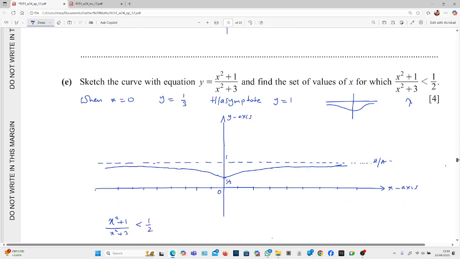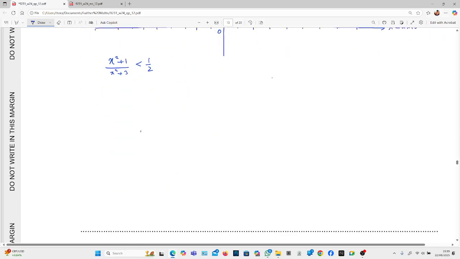We cross multiply here. I got 2 times (x squared plus 1) being less than 1 times (x squared plus 3). So then 2x squared plus 2 being less than x squared plus 3. So 2x squared minus x squared on both sides, I'm going to get x squared, and if I were to minus 3 on both sides, it's going to turn into minus 1 less than 0.